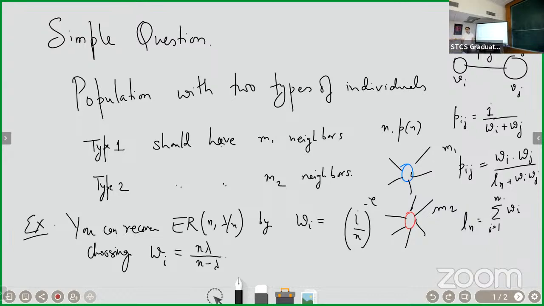W1 is increasing, it keeps going towards 1. Yes, starting at the smallest and it keeps going. What do you expect? So most nodes should have an edge between them.